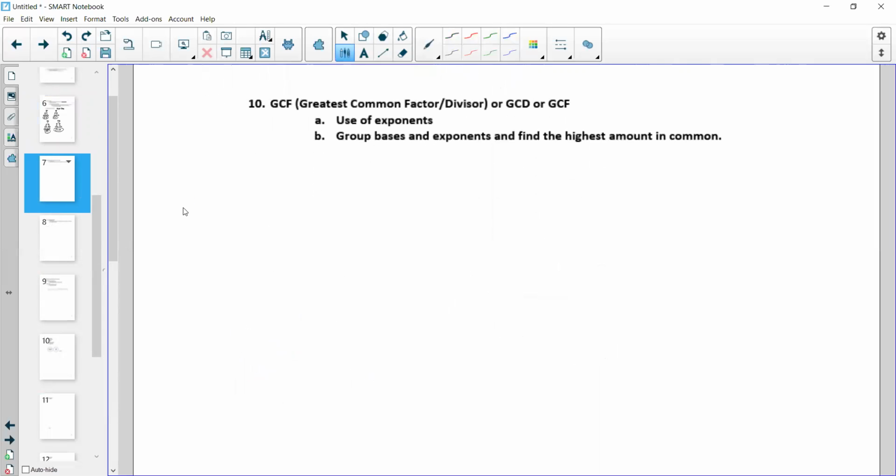Greatest common factor, okay? And we're going to look at this using exponents as well. And notice that we're going to look at grouping our bases and exponents, and then we're going to find the highest amount in common, okay? So let's say we'll take 20 and 45.